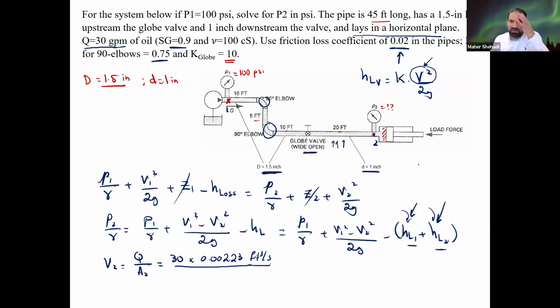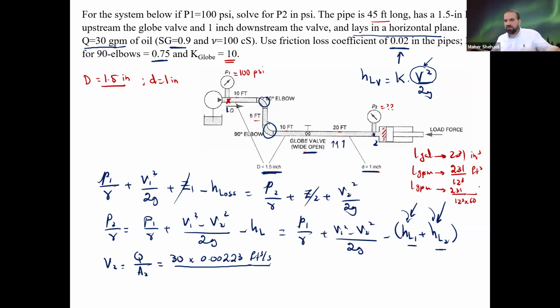Again, we got this from 1 gallon being 231 cubic inches, and then if you divide by 12 cubed to get cubic feet, and to get cubic feet per second for 1 gallon per minute, it would be 231 over 12 cubed times 60.